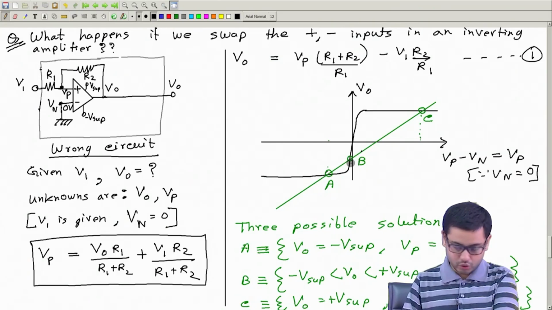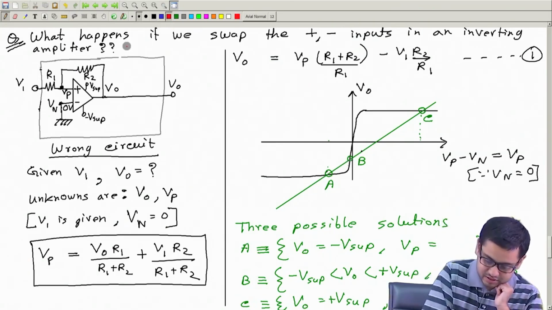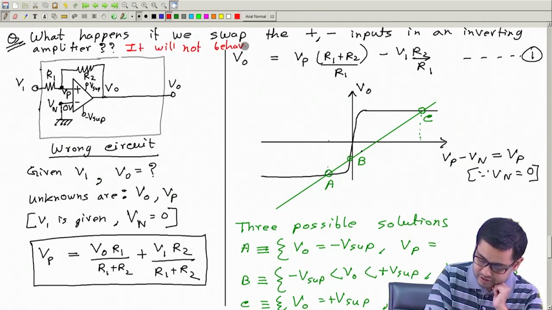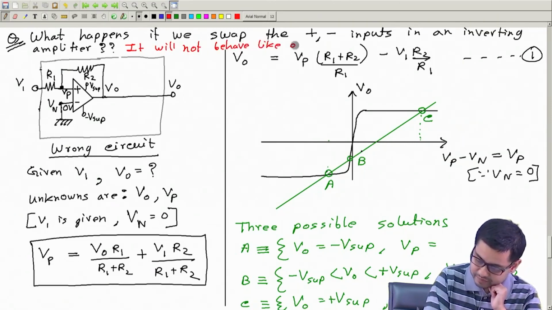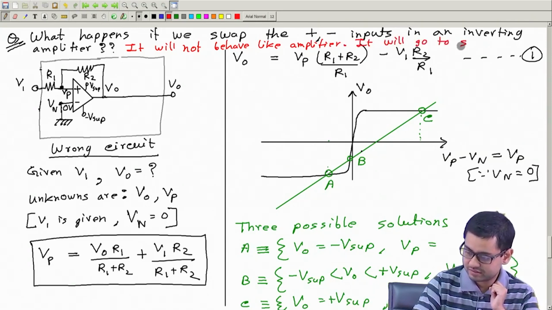Okay. So the answer, let me write, it will not behave like an amplifier, it will go to saturation, plus or minus.